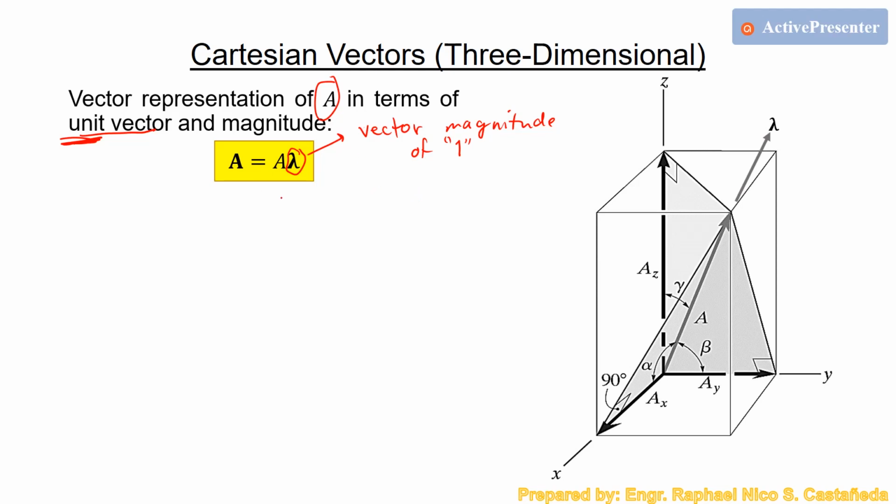So why is the unit vector important? A unit vector is used because if this unit vector has the same direction as, let's say, vector A, you just multiply this unit vector by the magnitude to get the vector form of A. So how do we compare that? Let's draw the same vector.